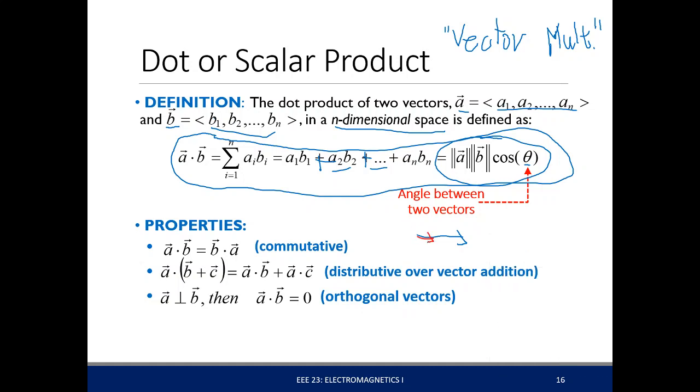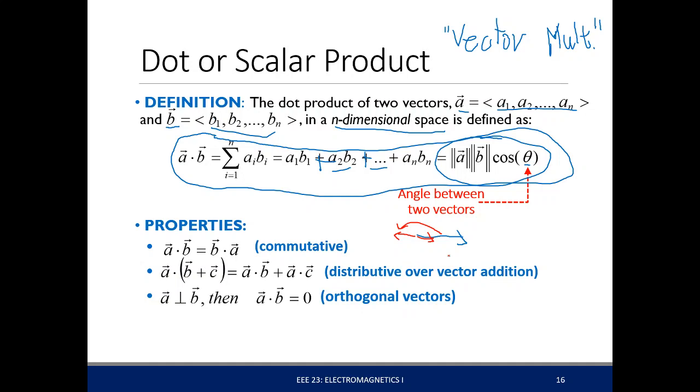Let's say this is vector B, the smaller one, and vector A, the bigger one. Your dot product is at its maximum value when the vectors are aligned, and at the minimum value if the vectors are 180 degrees apart.